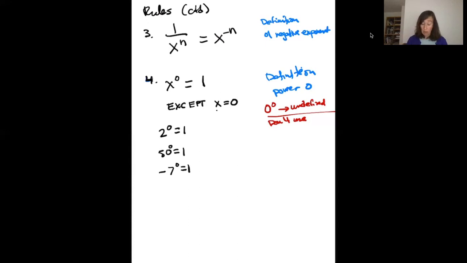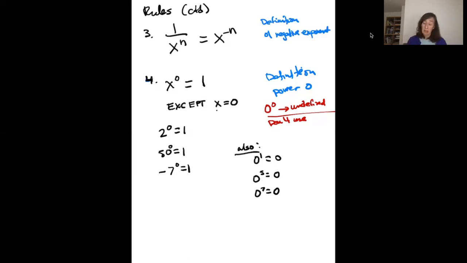Another point that I want to make, just because you might be wondering, back to this weird thing with 0: 0 to the first power equals 0, 0 to the fifth power equals 0, 0 to the seventh power equals 0. You can take 0 to any positive power, that's fine.